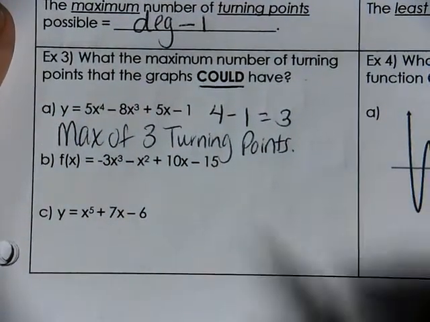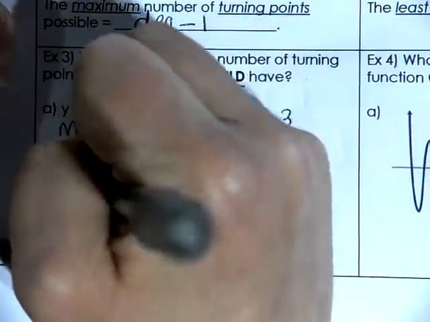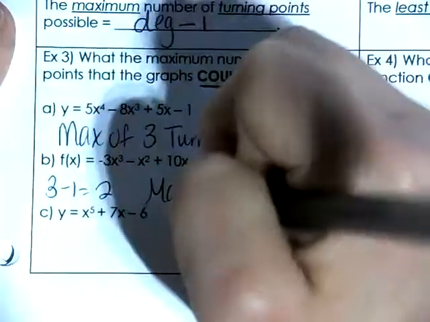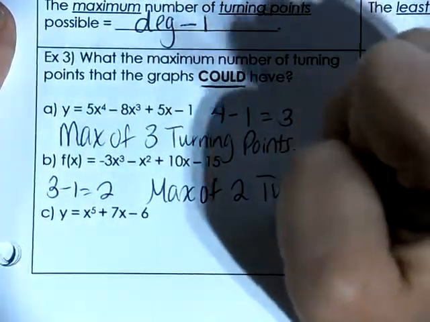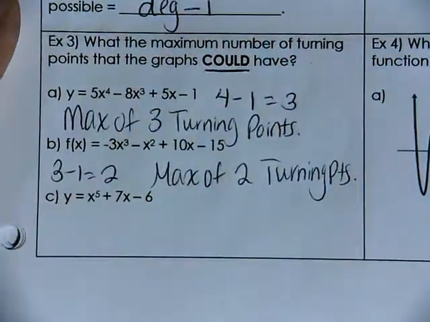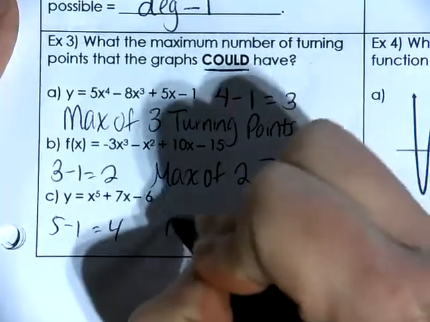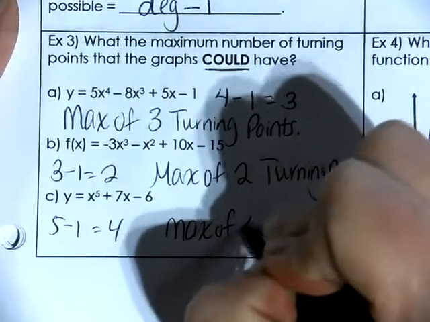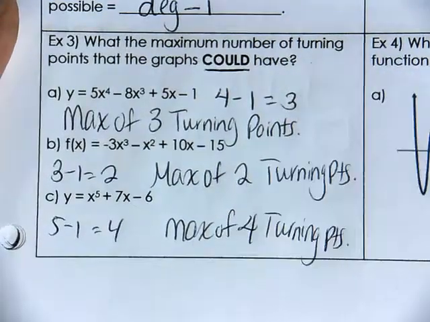For letter B, it looks like our degree is 3. So 3 minus 1 equals 2. There will be a maximum of 2 turning points. And this degree is 5. 5 minus 1 is 4. So there is a maximum of 4 turning points. It doesn't mean that there is.